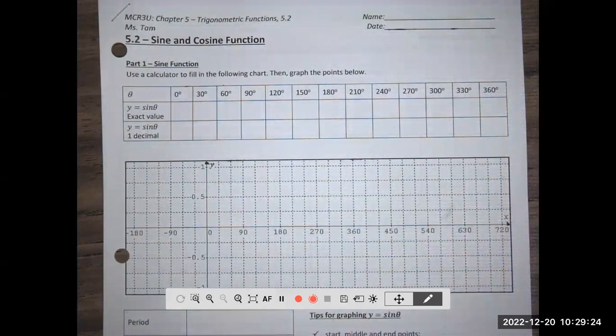Okay, so once you finish that first column, head on to the second one with your calculator.